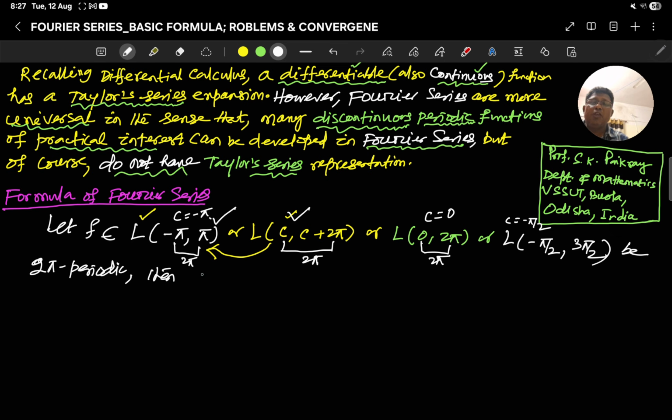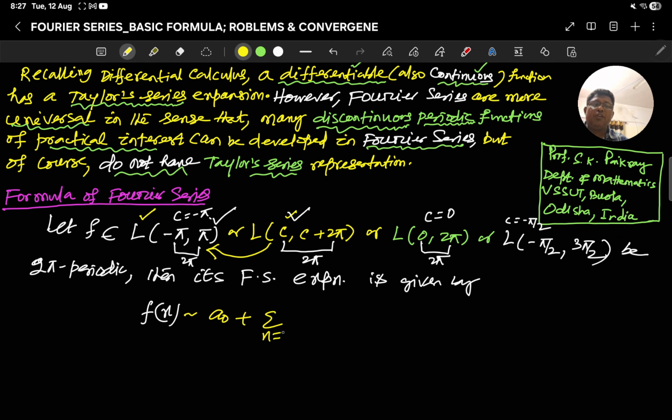Then its Fourier series expansion is given by f(x) = a0 + summation n = 1 to infinity of (an cos nx + bn sin nx).